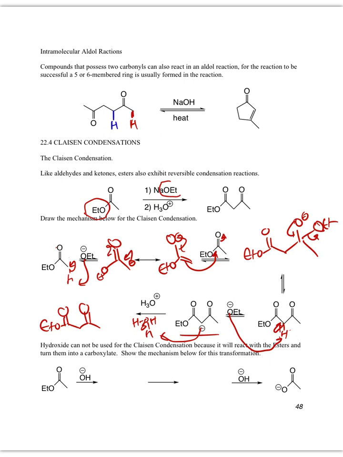So our base has to be ethoxide in ethanol so that we don't change the ester. If we use hydroxide, we run the risk of hydroxide adding to the carbonyl, forming the tetrahedral intermediate, reforming the carbonyl, kicking out the leaving group of ethoxide.